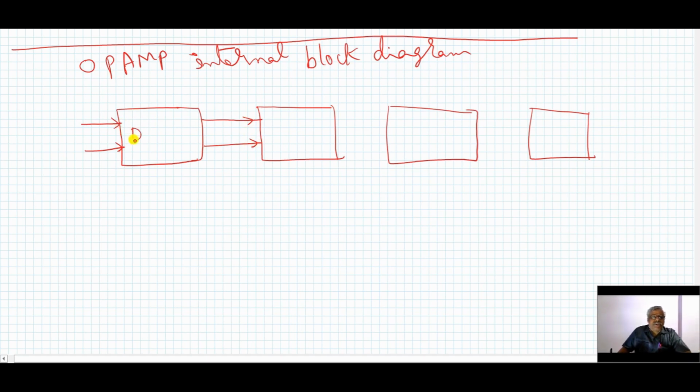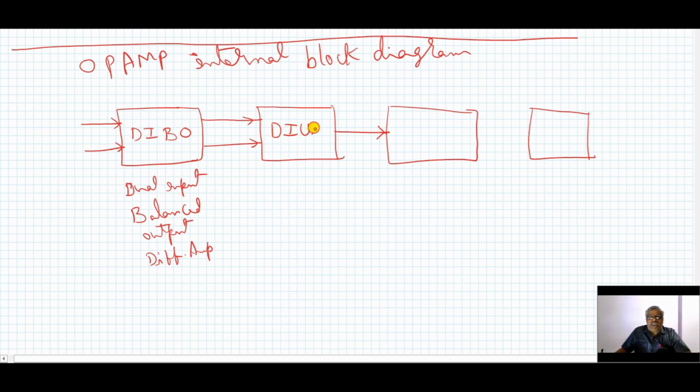This is called a dual input balanced output differential amplifier. The second stage consists of 2 input terminals and 1 output terminal. Again, this is also a differential amplifier stage with 2 inputs and only 1 output, so this is a dual input unbalanced output differential amplifier.